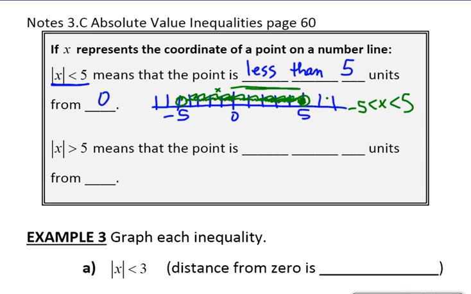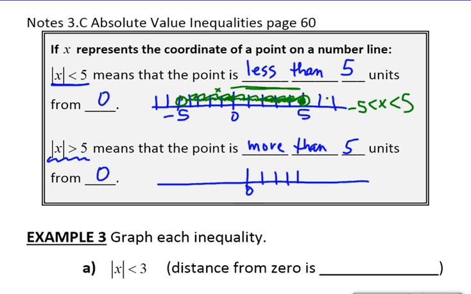Then the second group here, I have the absolute value of x is greater than 5. It means that the point is more than 5 units from 0. So again, if I drew a number line and I have my 0 and going the other direction, I've got 5 units away that way. Exactly 5 units would be right here.